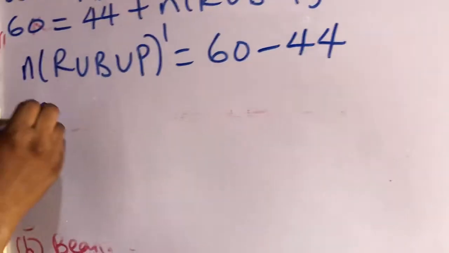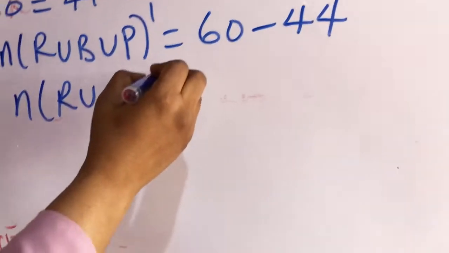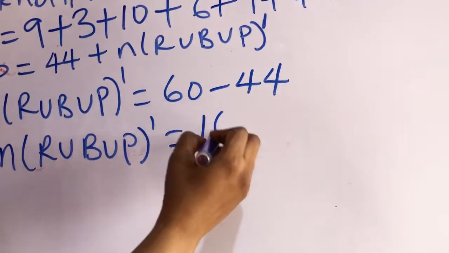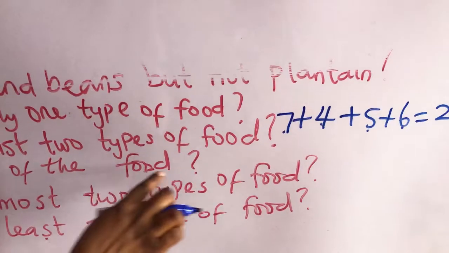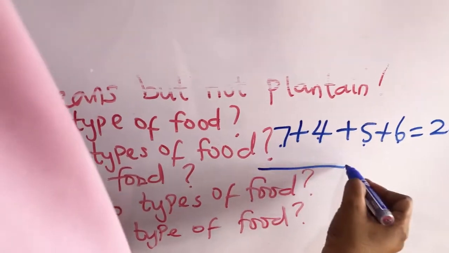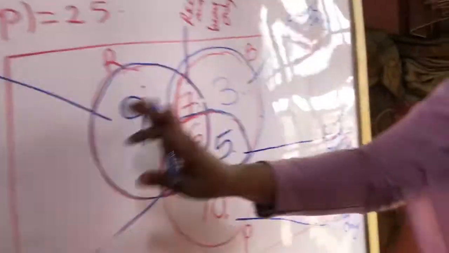So the cardinality of those that like none of the food is 16. So you can now say that this place is 16. None of the food is 16. Let's write it here, outside.